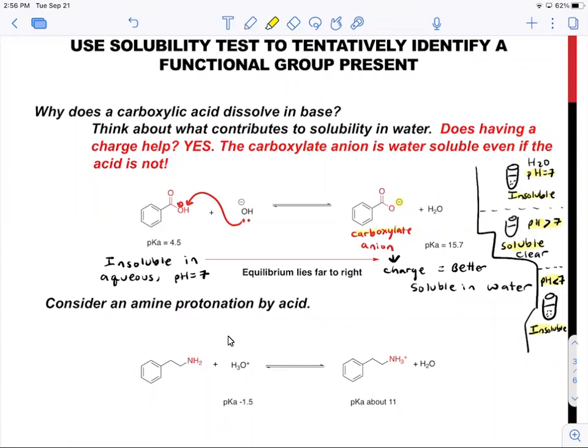If you had, by contrast, an amine, such as the one shown here, again, you'll notice that we have greater than 5 carbons. So we would expect poor solubility in neutral water because the molecule does not have a charge. If we place this molecule into an acidic aqueous solution, we have seen in class that the lone pair on nitrogen can actually take a proton from that acidic solution, forming an ammonium ion.